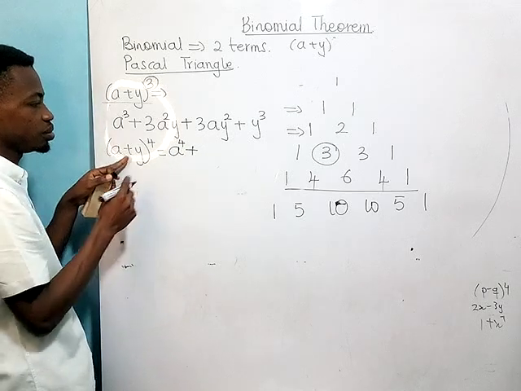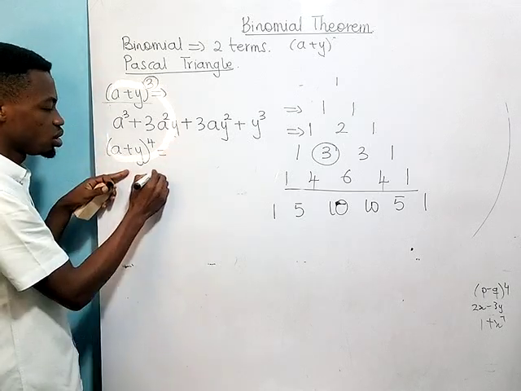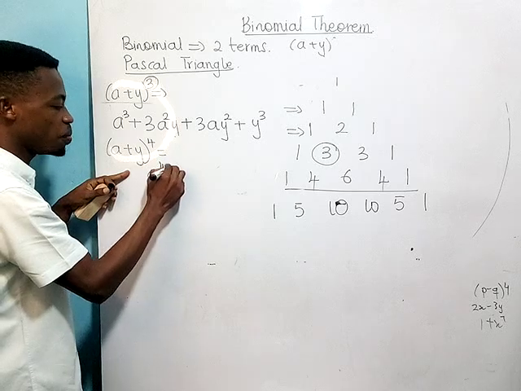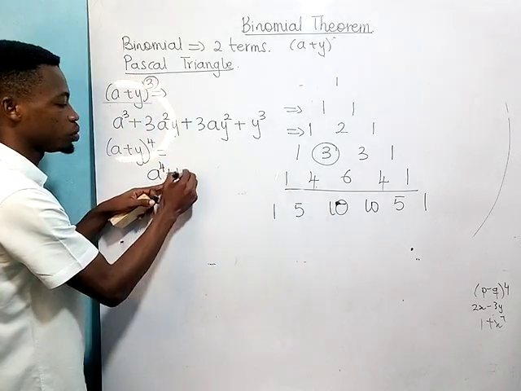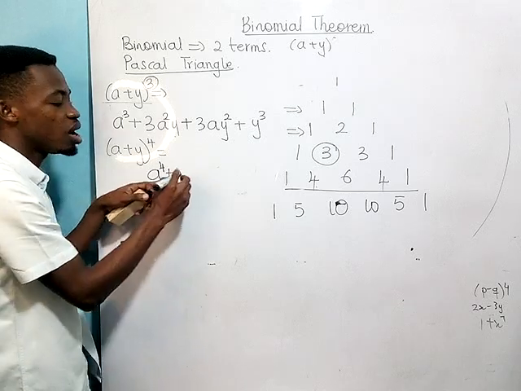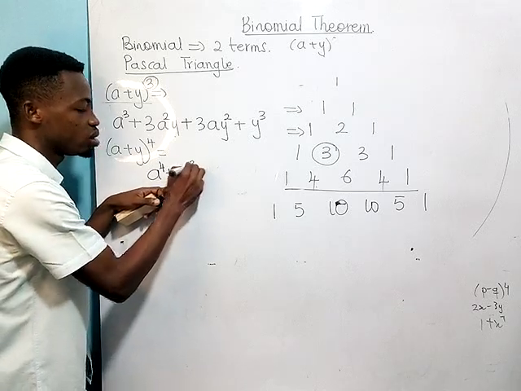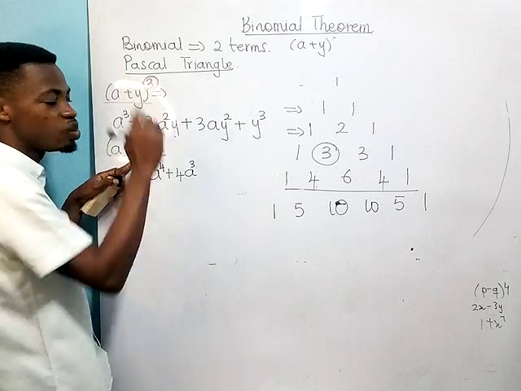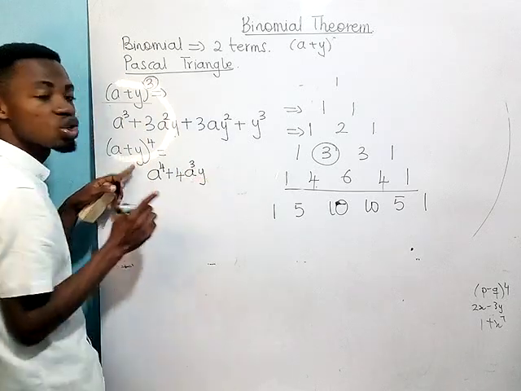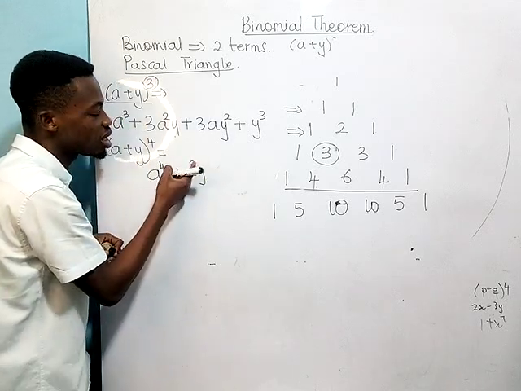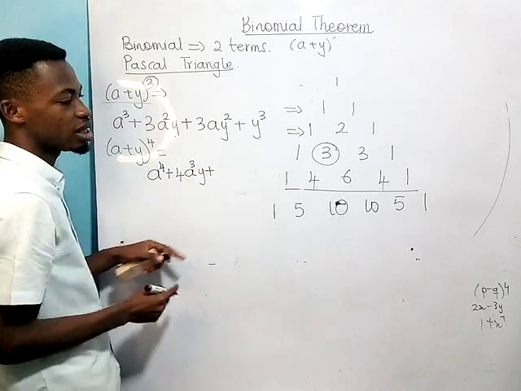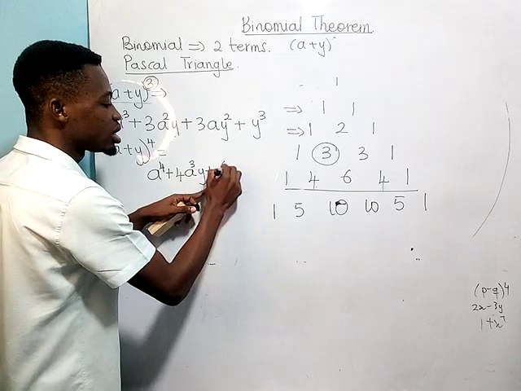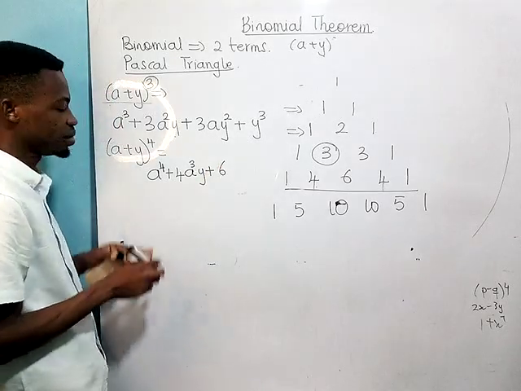Plus, okay, let me write this here. So we have a to the power 4 plus, our next coefficient is 4, but now a to the power 4 will reduce by 1, and y will increase by 1, so that when the exponents are summed up, we obtain this. Plus, the next coefficient is 6.